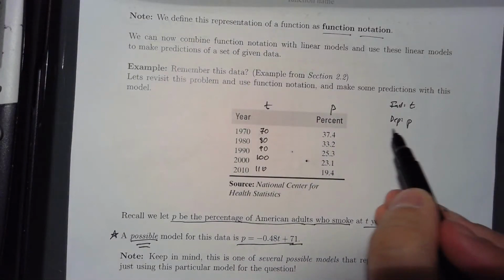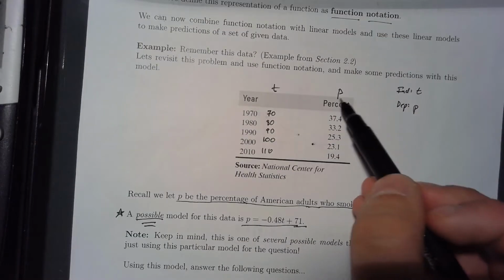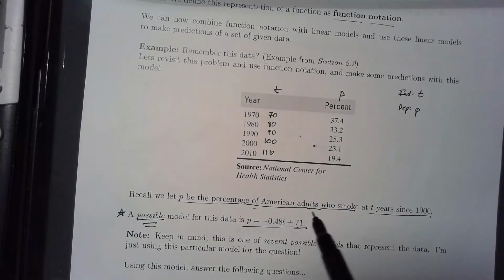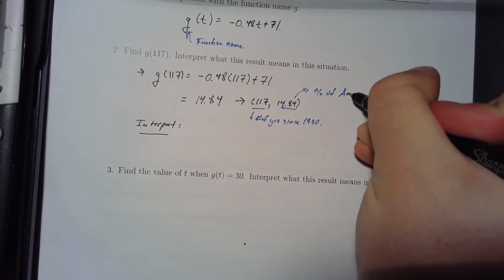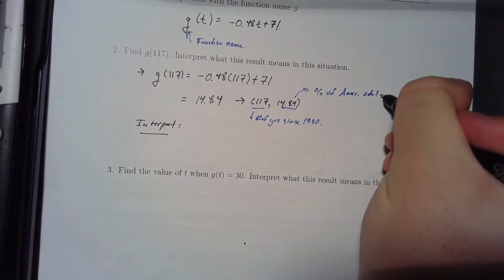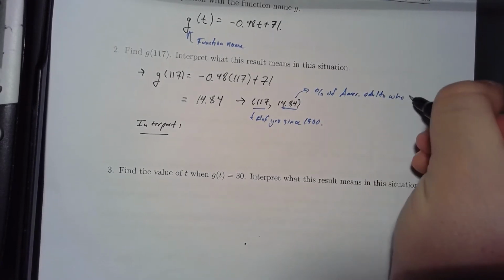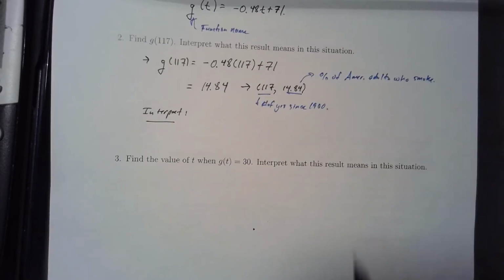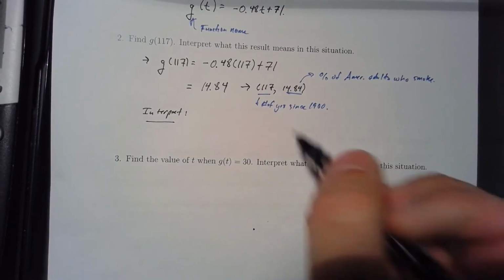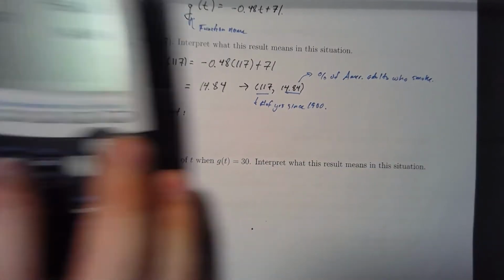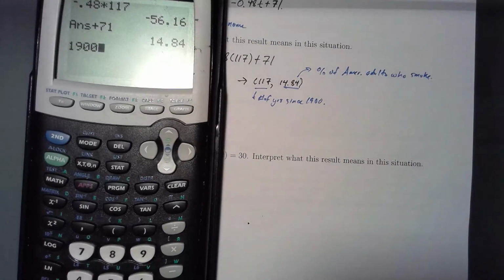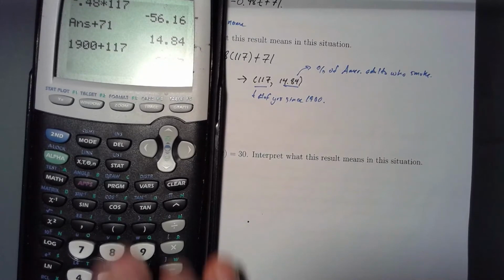That's the p value. That's the dependent value. That's the percentage of American adults who smoke. So to interpret this in a sentence, you're going to say, 117 is how many years since 1900? Well, 1900 plus 117 is 2017.